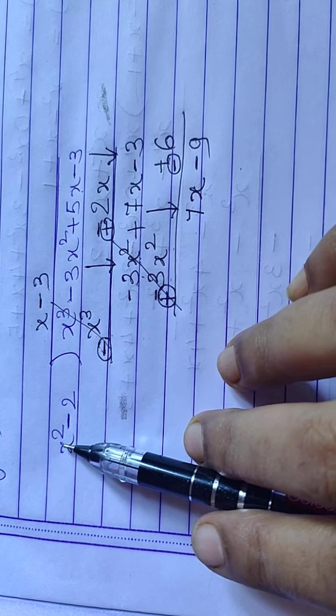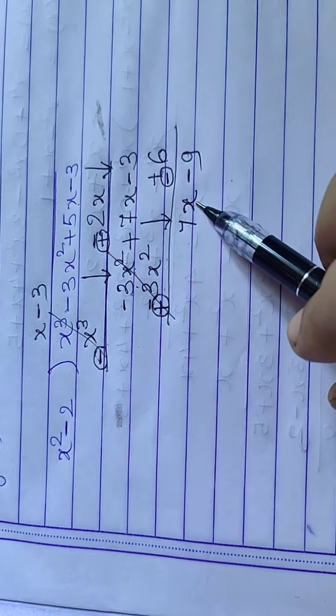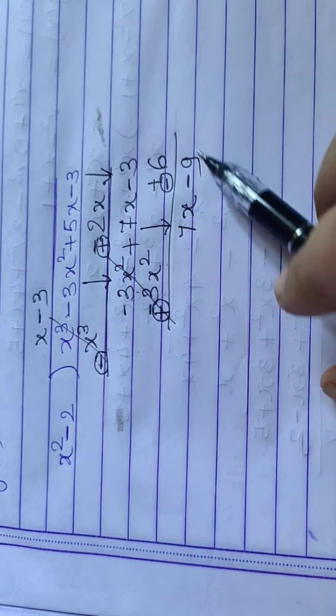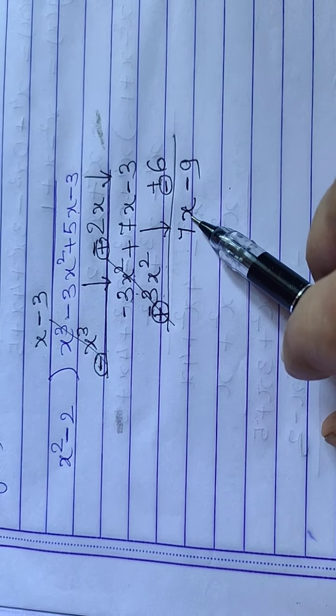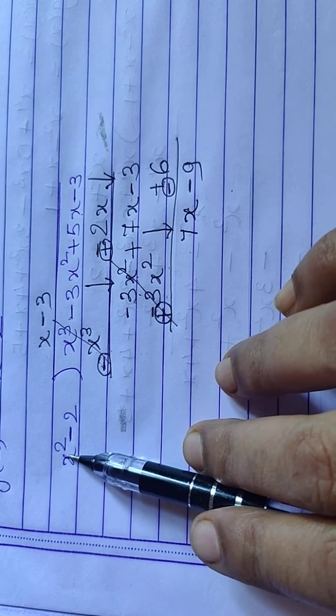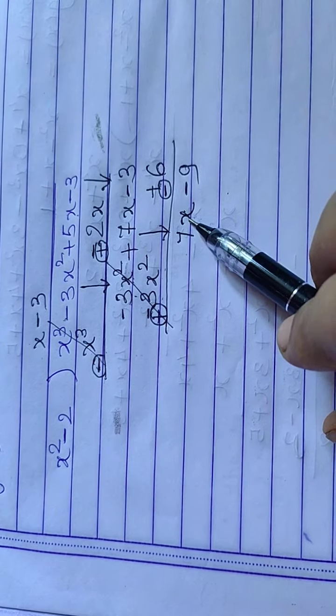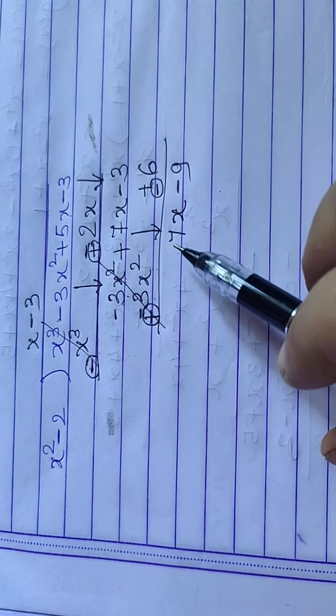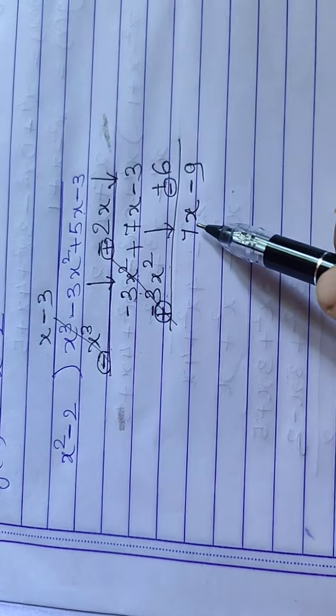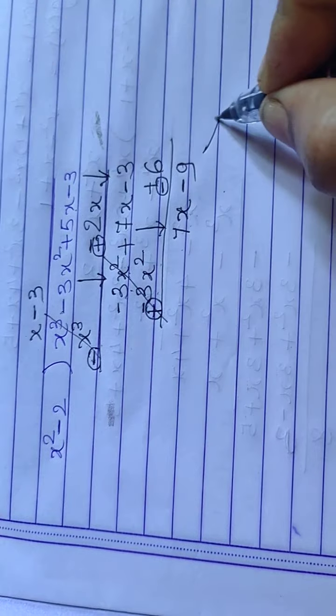We have to stop the division, and whatever term is left over will be the remainder. So this is the remainder.